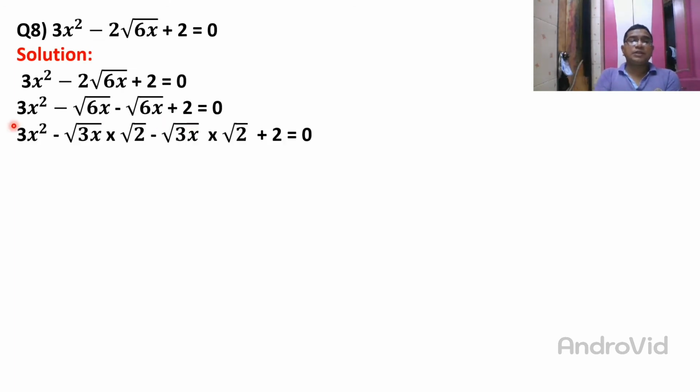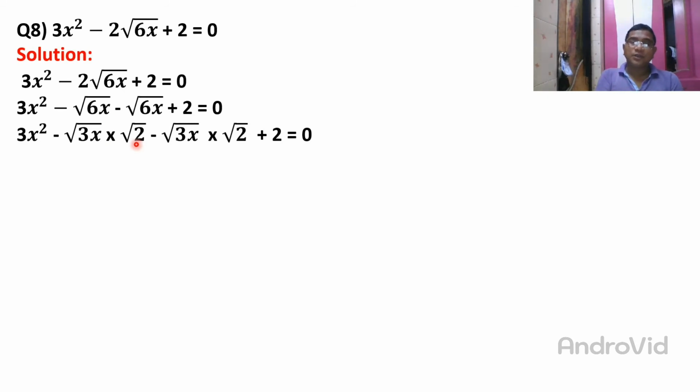So this 3x square remains as it is. Root 6x is factorized as root 3x into root 2, because root 3 into root 2, 3 2s are 6, root 6x. Okay, so this root 6x is factorized such a way, root 3x into root 2.